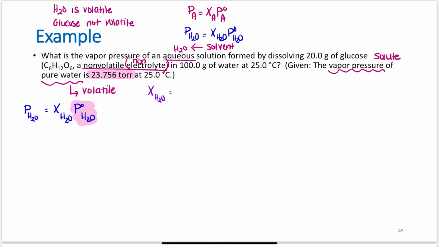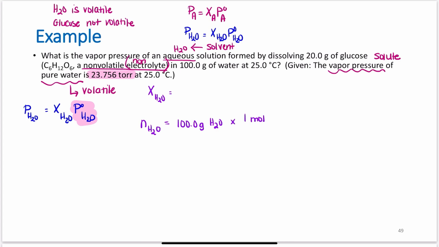Mole fraction of water is the number of moles of water I have divided by the total number of moles of my system. You can do this in partial steps. You can do this in one fell swoop. I don't care how you do it. Let's just write it out so everyone can see the whole process. Remember, number of moles of water. It tells me that I have 100 grams of water.